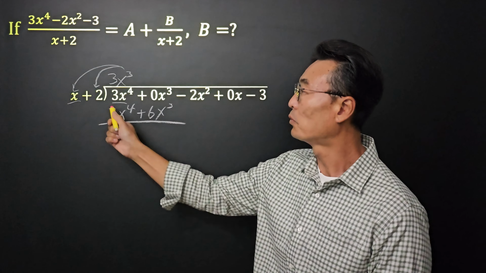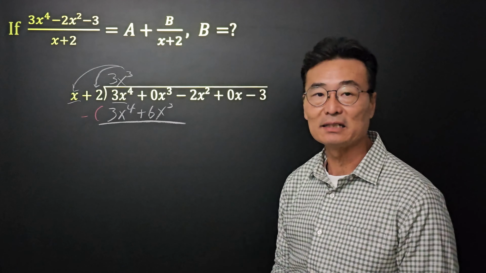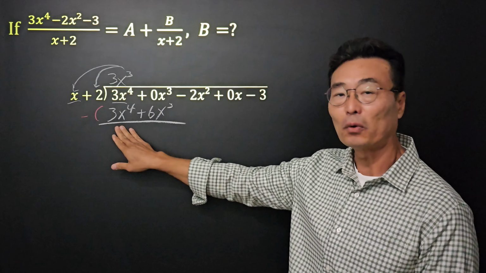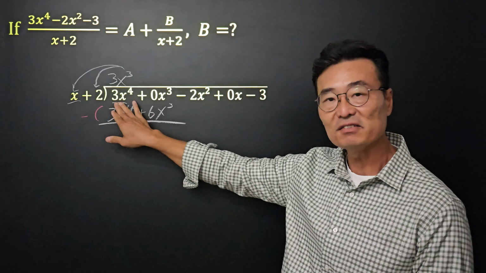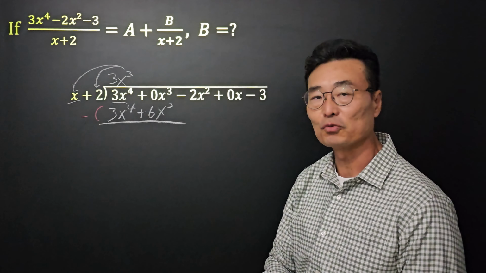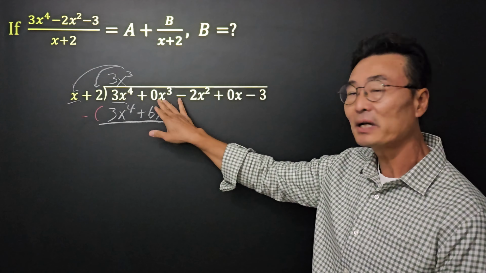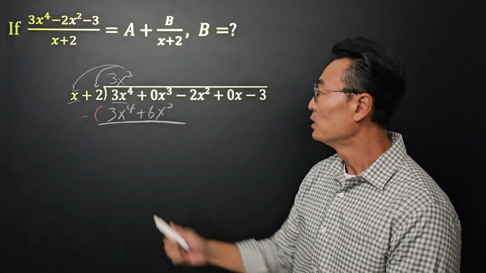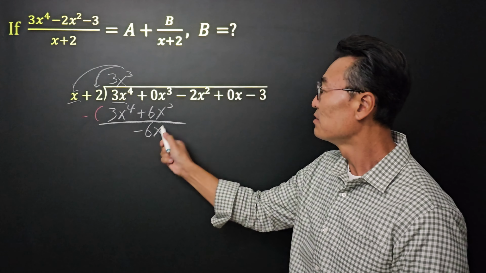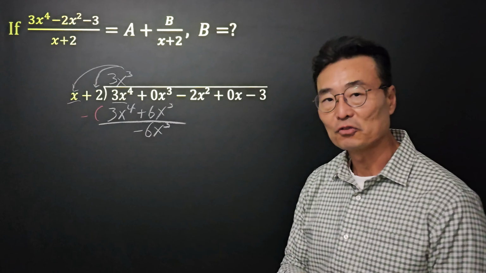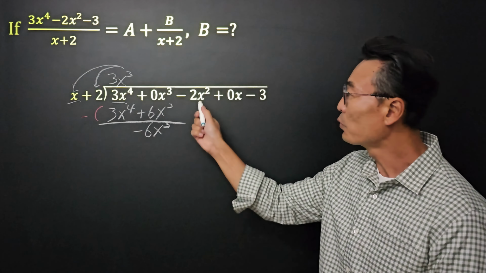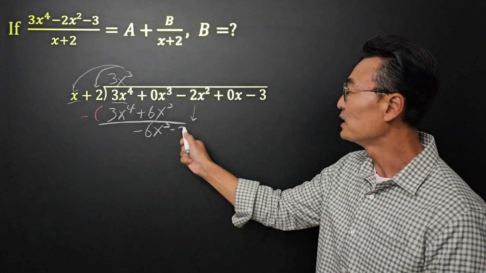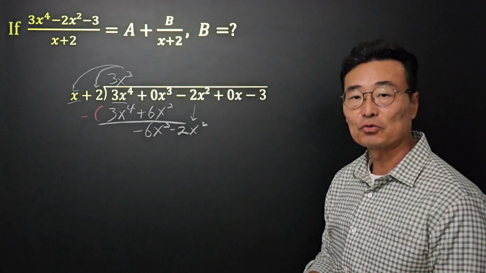And then here, what's important is that we're going to be subtracting the 3x to the fourth from this 3x to the fourth, which of course will be 0. And then 0x cubed minus 6x cubed will give us negative 6x cubed. So remember, we're subtracting. And then we're going to bring down the next one, which is negative 2x squared.